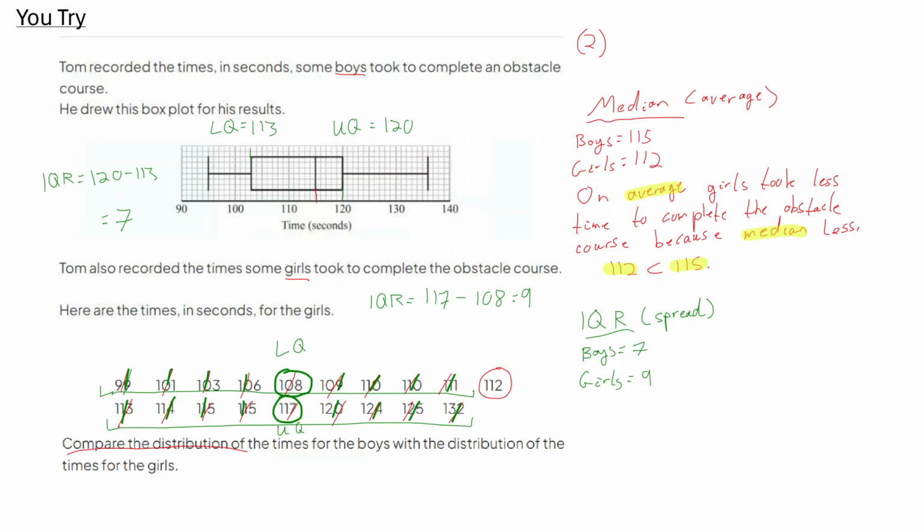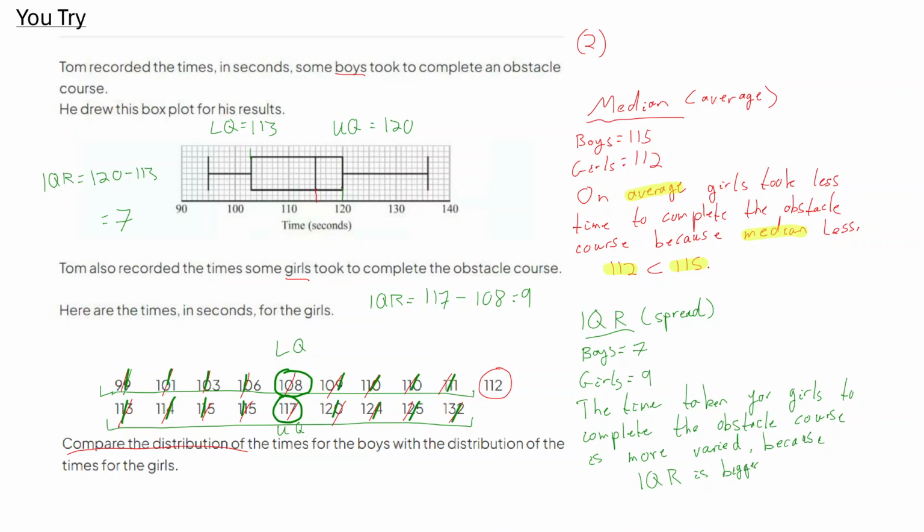So I can say here, the time taken for girls to complete the obstacle course is more varied because the interquartile range is bigger than the boys.